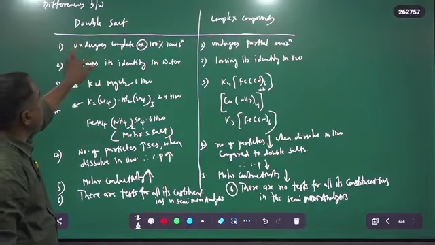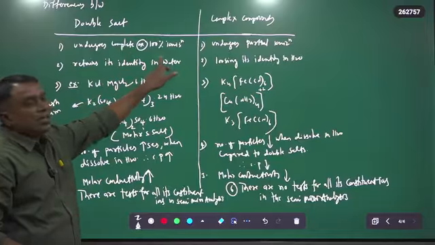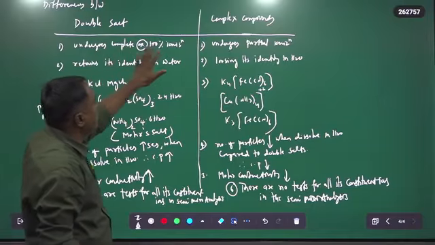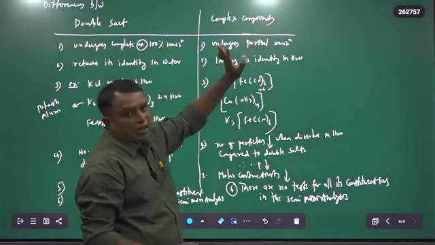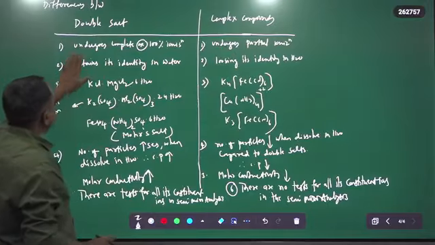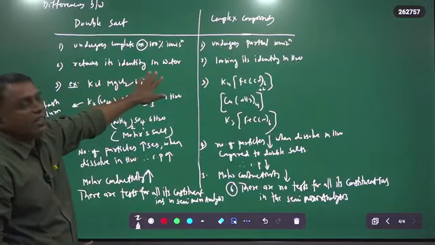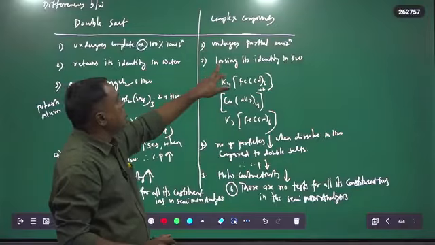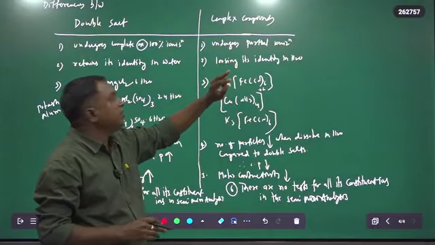So again I repeat this. Double salts undergo 100% ionization, or complete ionization, but complex compounds undergo partial ionization. Double salts retain their identity in water, whereas complex compounds lose their identity in water.